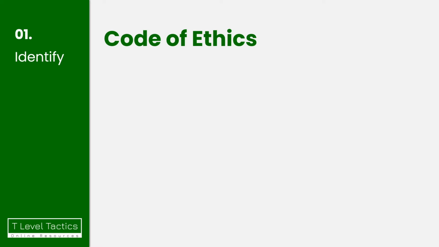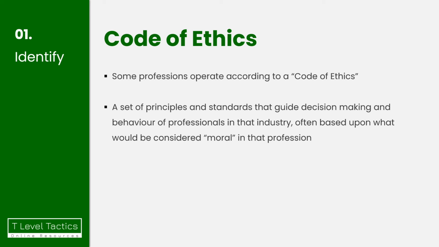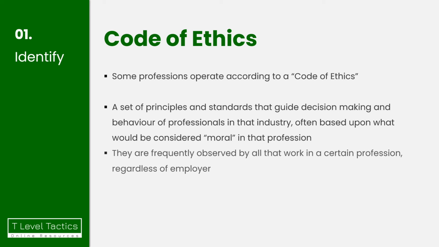So some professions operate according to a code of ethics, which would be a set of principles and standards that guide decision-making and behaviour of professionals in that industry, often based upon what would be considered moral in that profession. They're frequently observed by all that work in a certain profession regardless of their employer, and can be used in addition to a code of conduct.